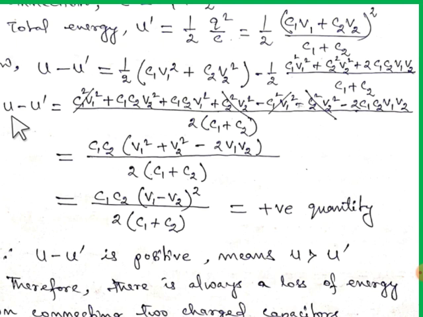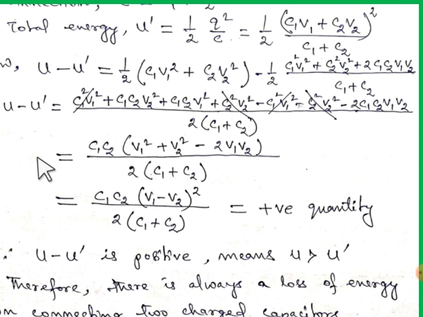Where has this energy gone? If it is lost, whether it will violate the conservation of energy, the question comes up, right? The energy doesn't vanish, but that loss in energy has been used in moving the charge through the connecting wires.